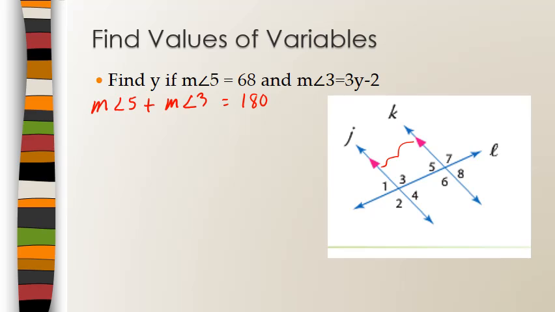So I'm going to substitute 68 for the measure of angle 5, and for the measure of angle 3, we're going to say 3y minus 2. That's all going to still be equal to 180. And we're going to combine like terms, and so now I've got 66 plus 3y equals 180.